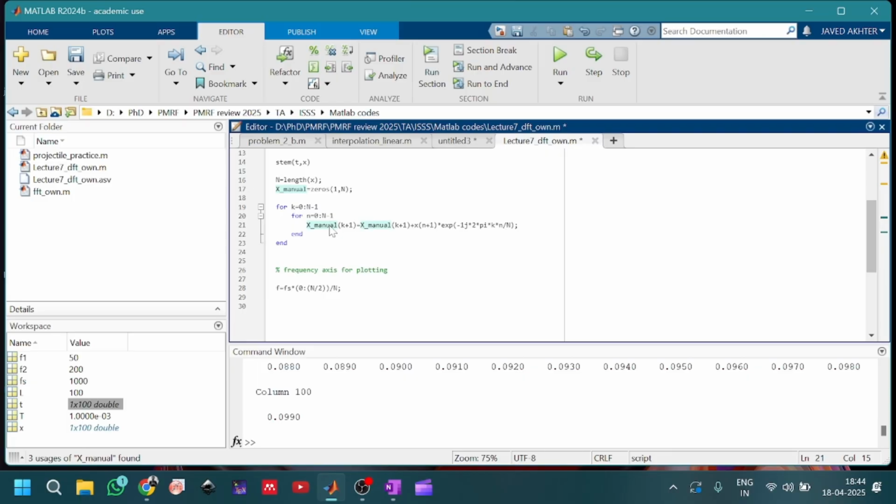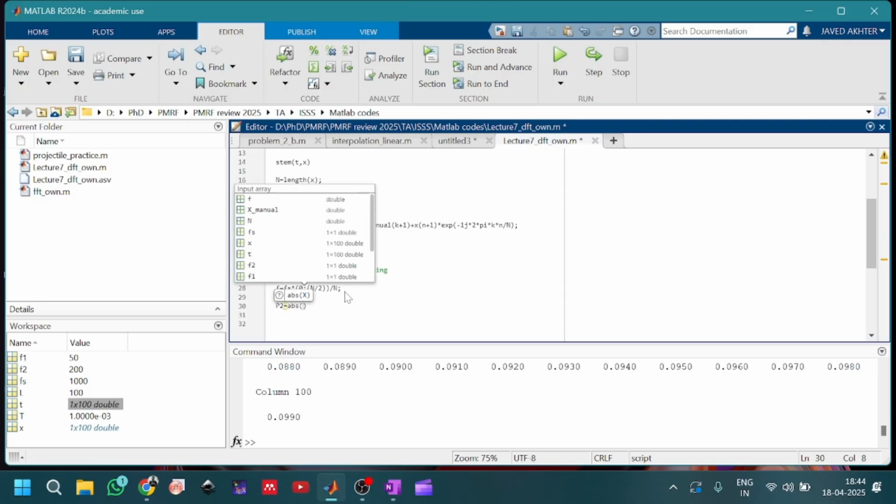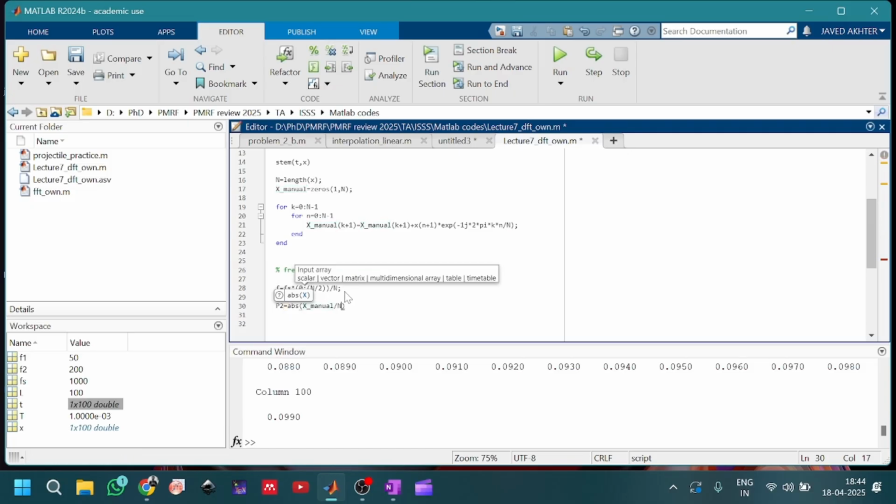So let me write it. Call it P2, the absolute of x manual, and I have to divide it by n.